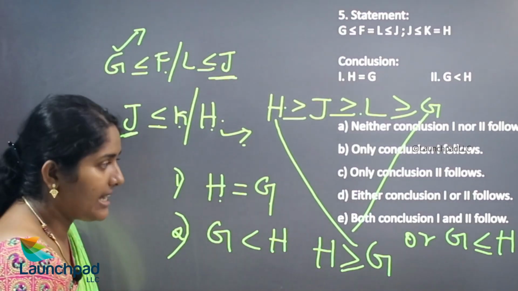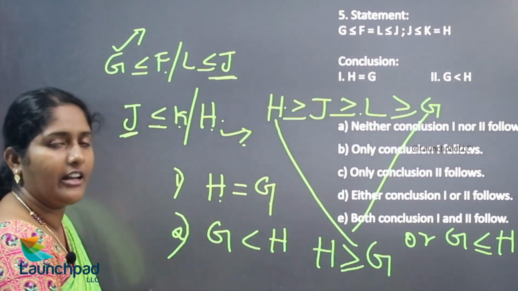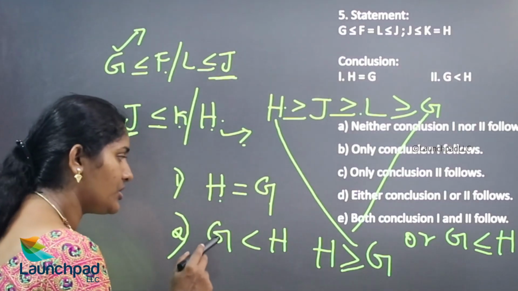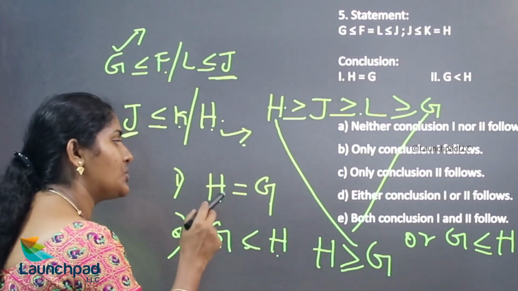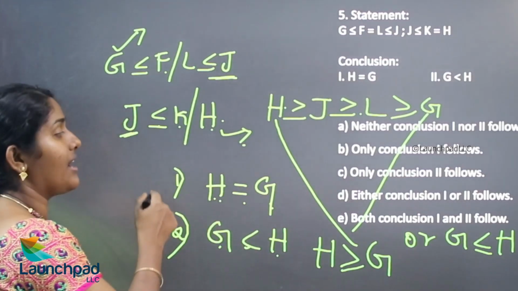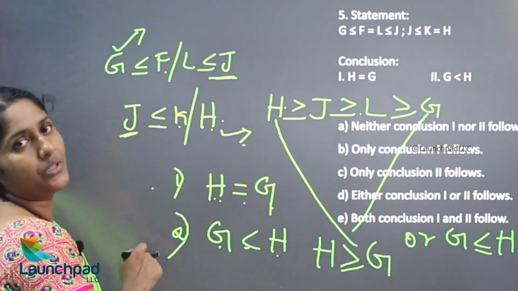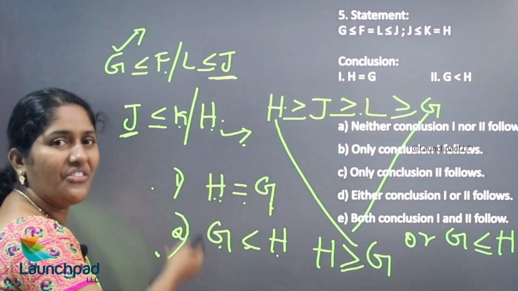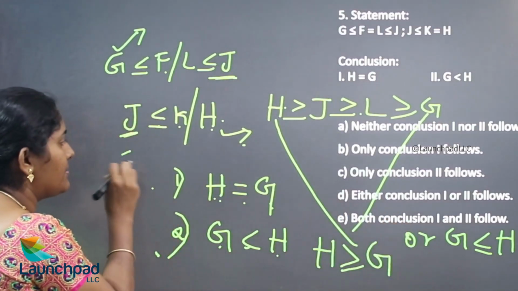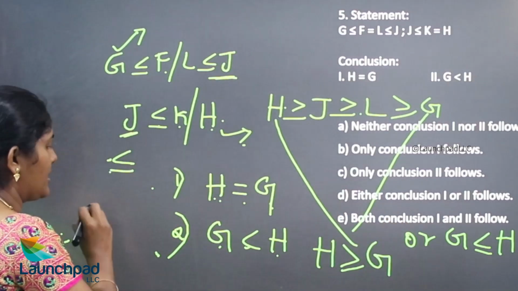So we can say either H is greater than or equal to G, or else G is less than or equal to H. In this question, the conclusions are G is less than H and H is equivalent to G. Hence either 1 or 2 is true. Separately, each conclusion gives the wrong answer. So how can we read the symbol less than or equal to?